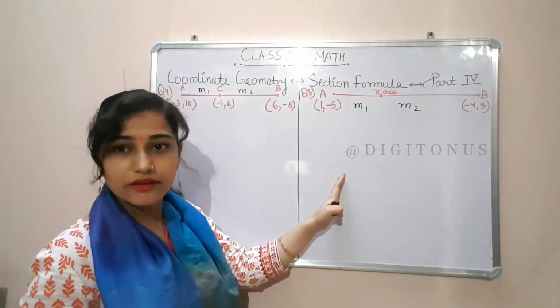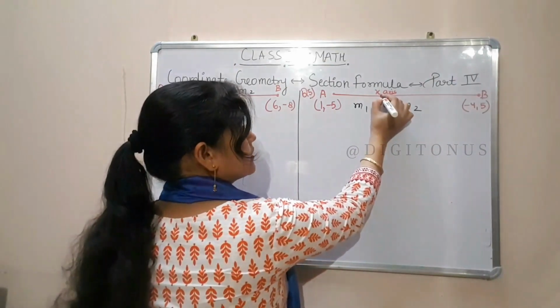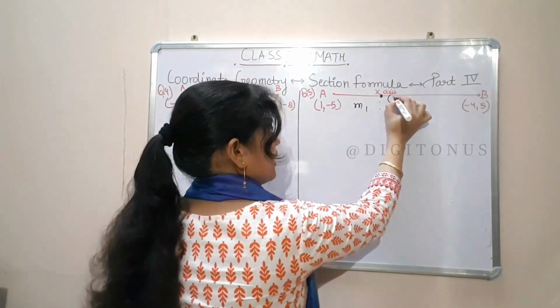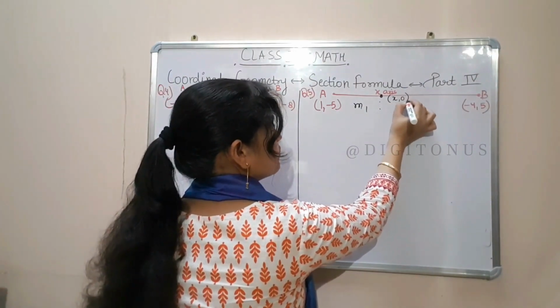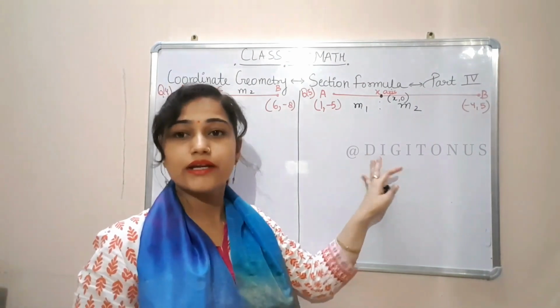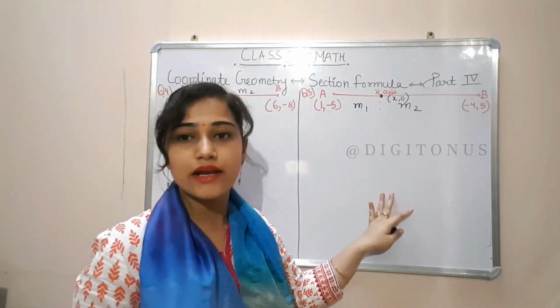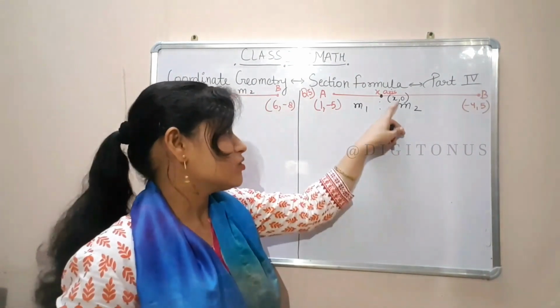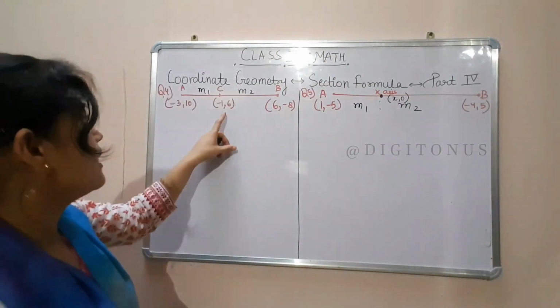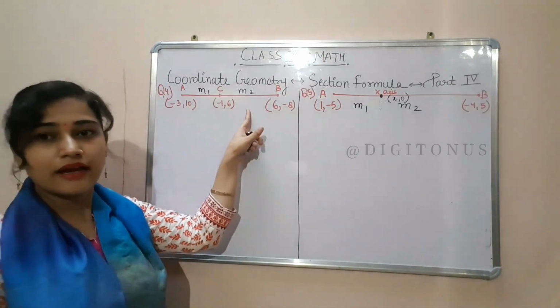Coordinate points are not given. Okay, but we know that this point is on x-axis, so x value we have to find out and y value will be 0. You already know it that if a point is on x-axis means y value is 0. So only x value and M1 ratio M2 in this question, and in this question only M1 and M2.